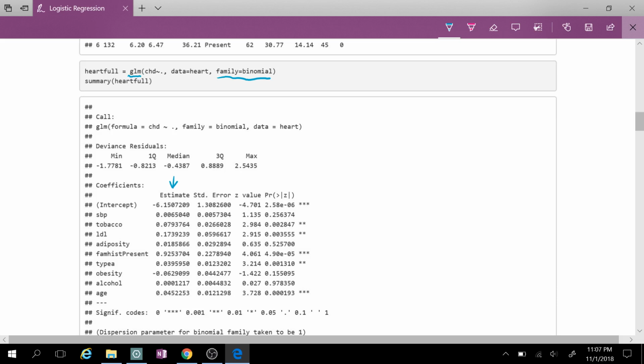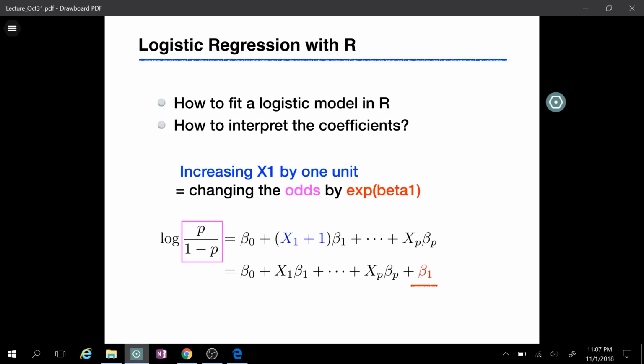0.0065. But what's the response in the logistic regression model? It is log of p over 1 minus p. And sometimes they call it log odds, because odds is basically p over 1 minus p. And so the interpretation is as follows.